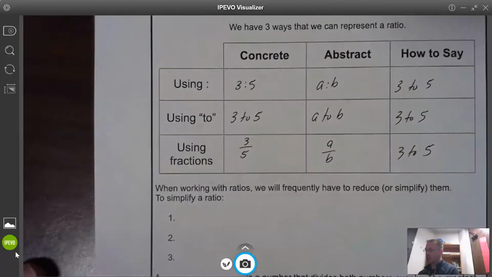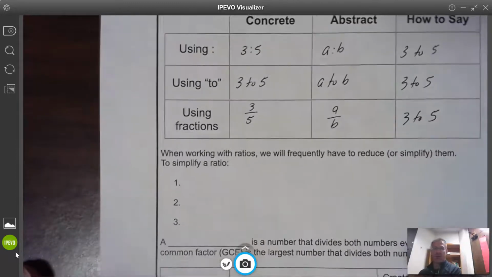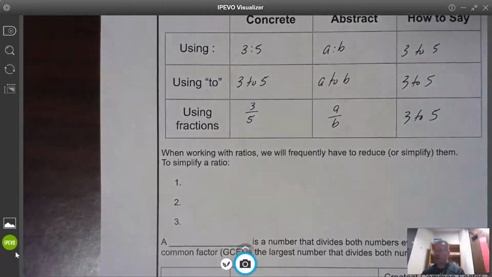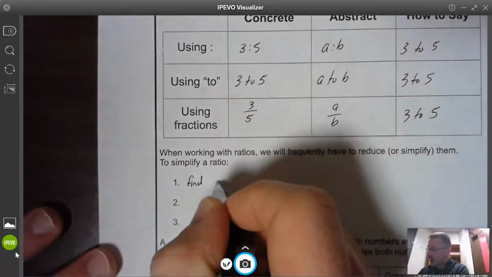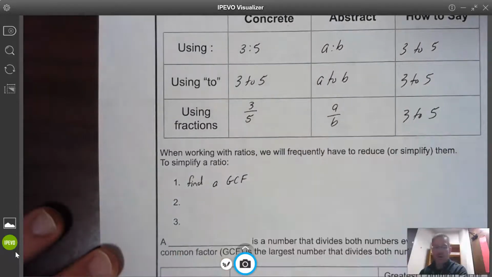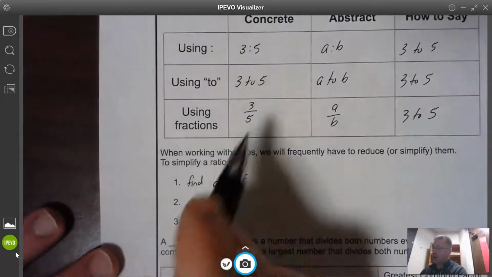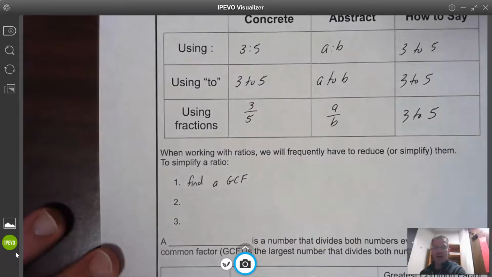Now the good news is, when we're working to simplify or reduce our ratios, we really just do this like you do a fraction. So to simplify a ratio, we want to find a GCF. We want to look at those two numbers, whatever we're comparing, and find a GCF.